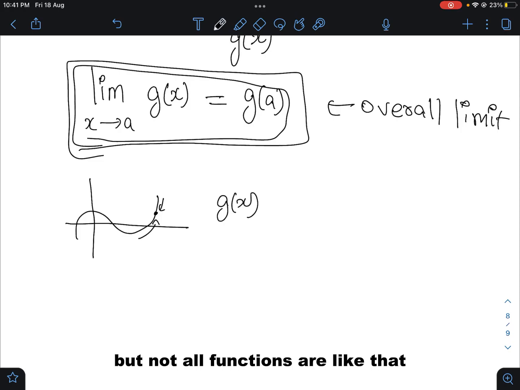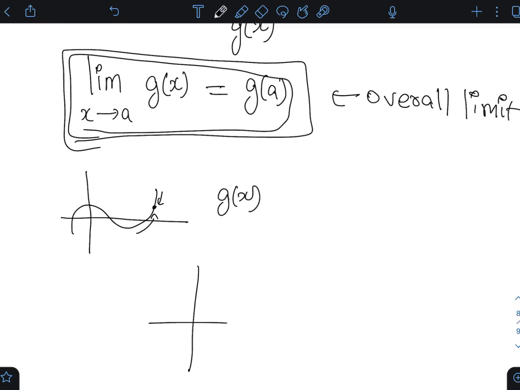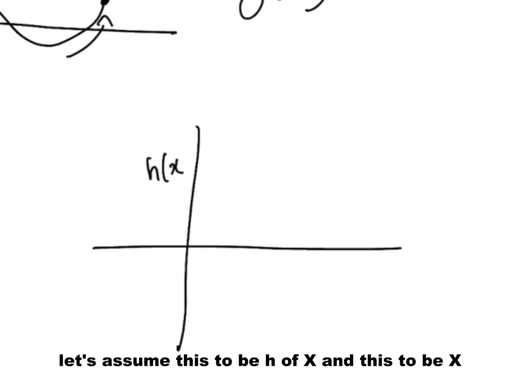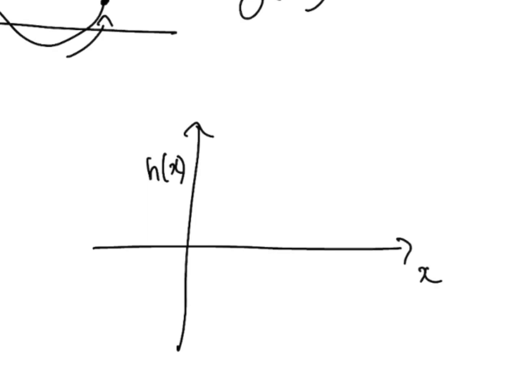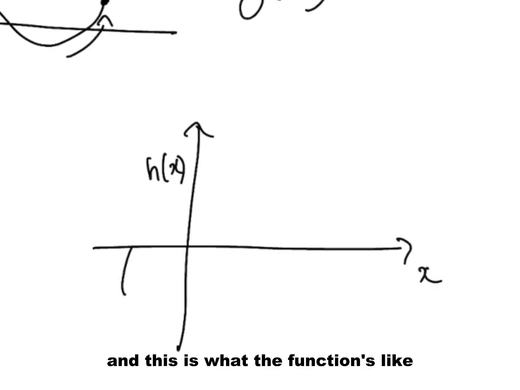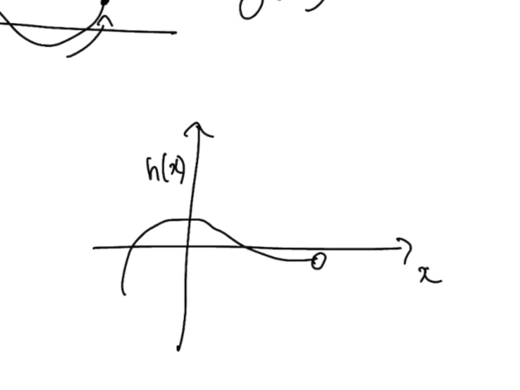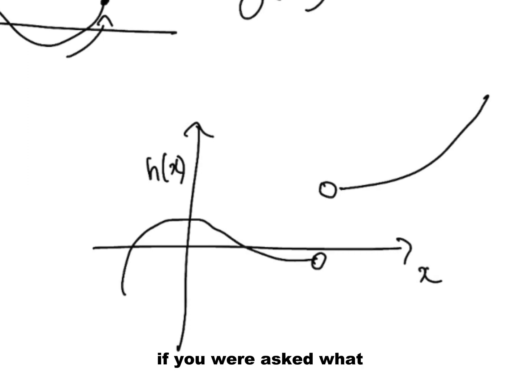But not all functions are like that. There are some functions, let's assume this to be h of x and this to be x, and this is what the function's like. Now obviously, if you were asked what the limit of this function would be, you wouldn't know. Is it this value, what is it?